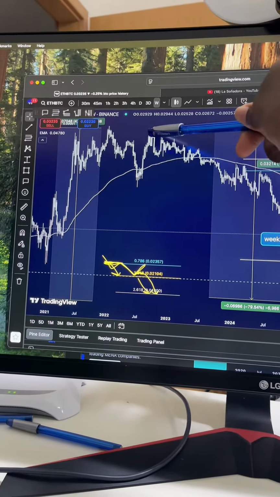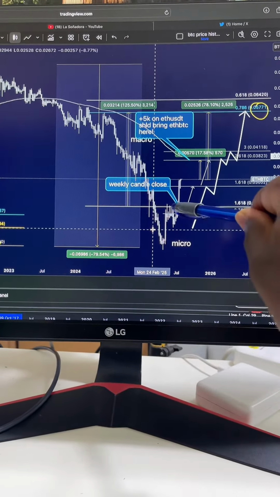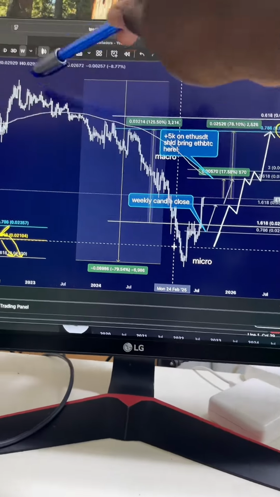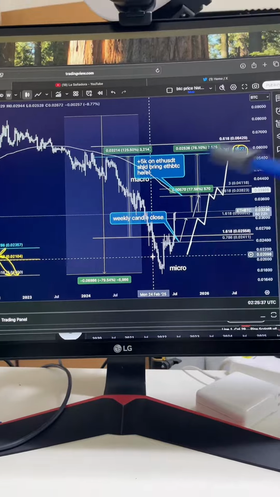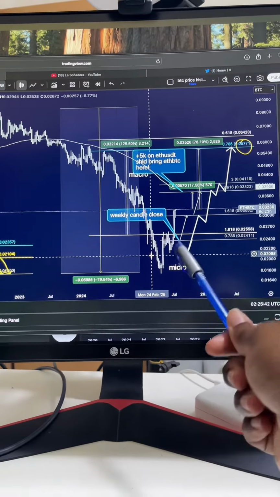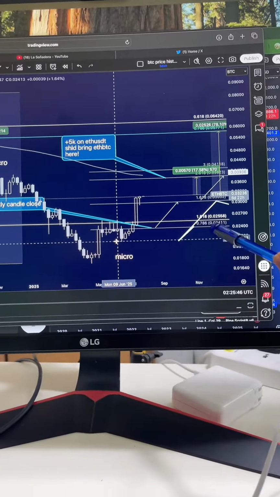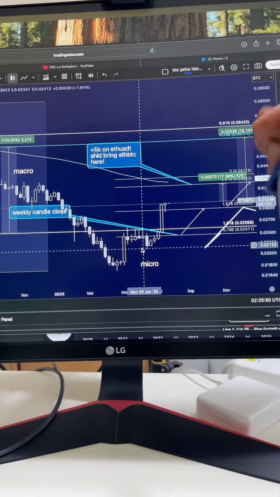Just from this low right here to this high right here, that was the biggest move since 2022. So we led on with the suspect that this might have been the first wave for Ethereum, meaning that if it came back to close a weekly candle above this 786 right here, it will therefore enter the VFib system where it keeps shooting to the upside.